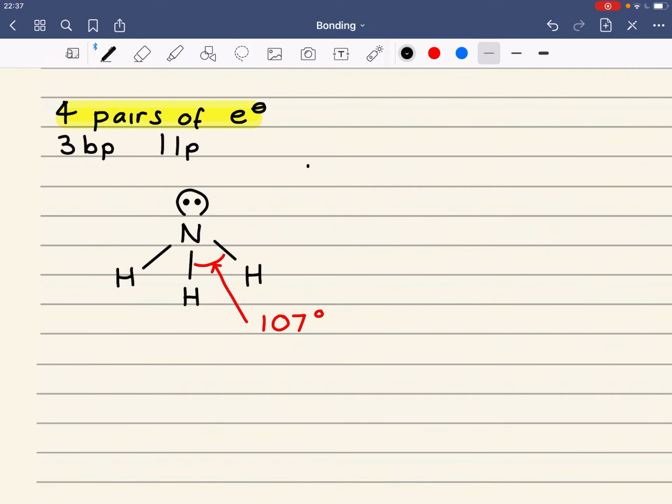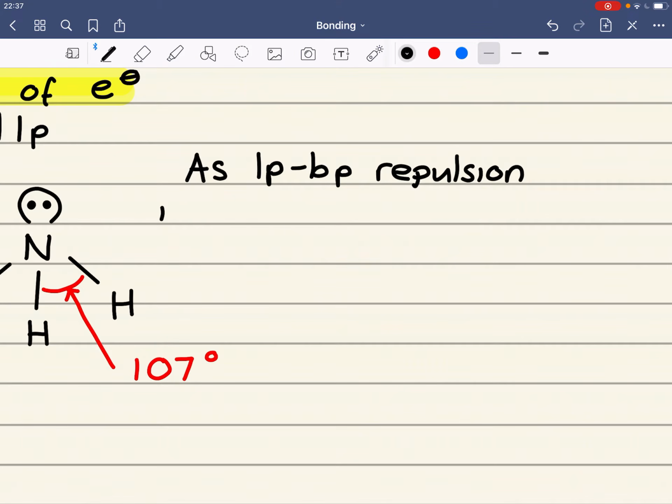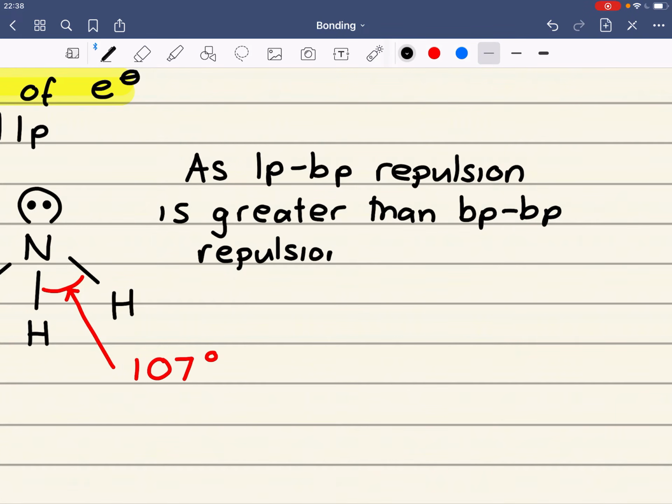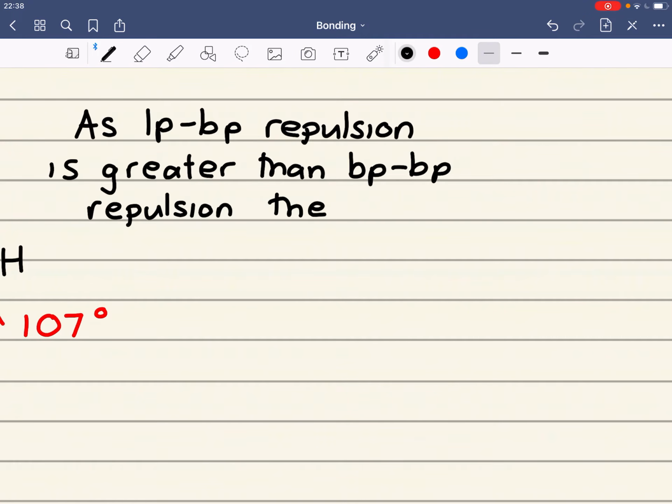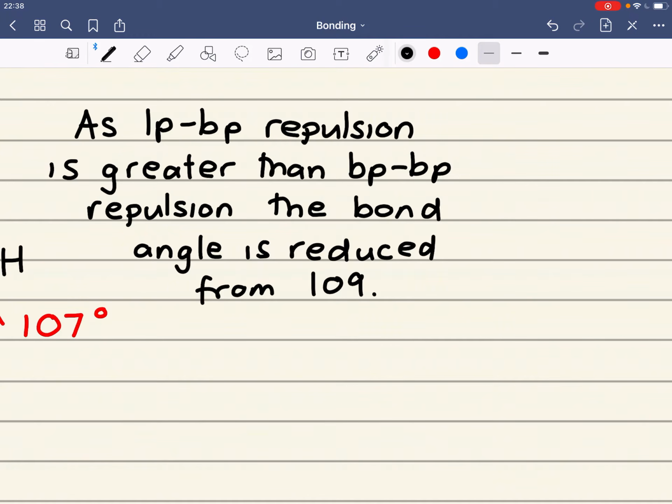So, as lone pair, bonding pair repulsion is greater than bonding pair repulsion, the bond angle is reduced from 109.5 degrees to 107 degrees.